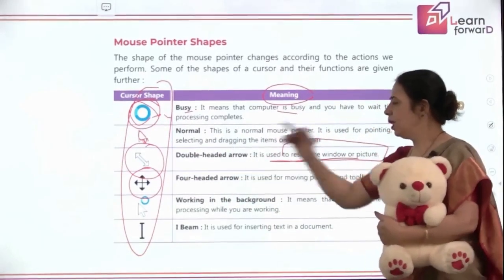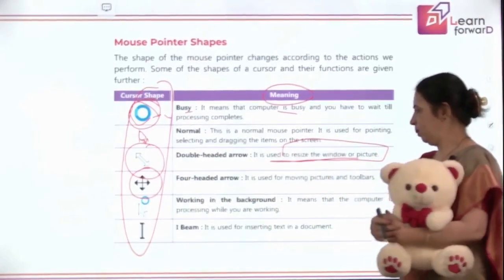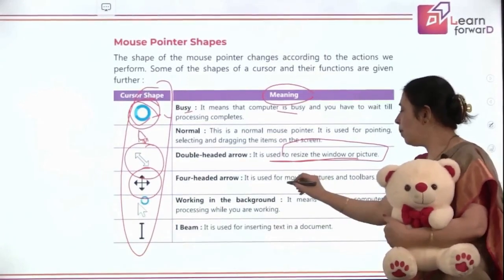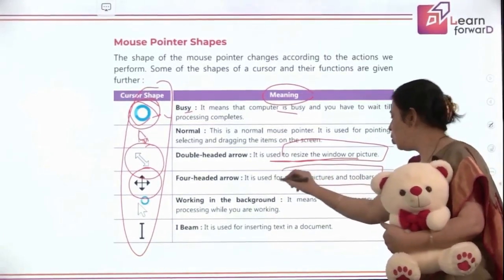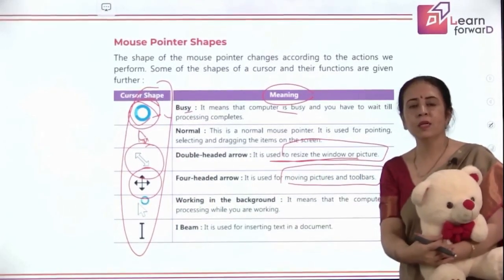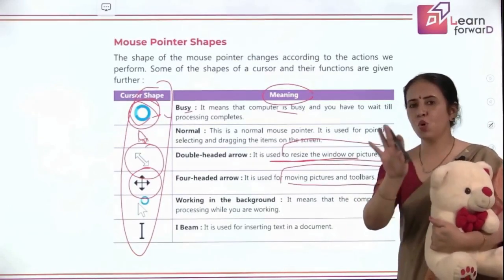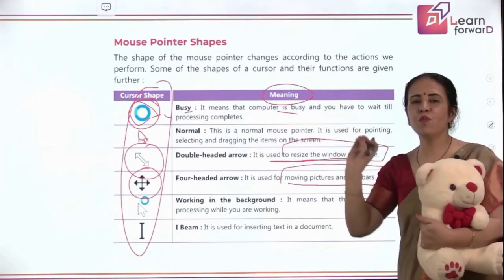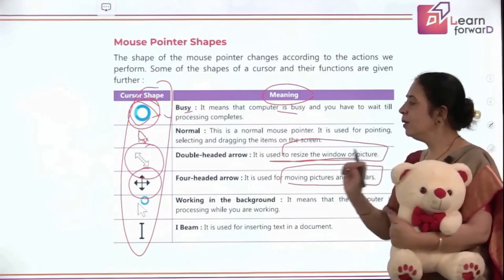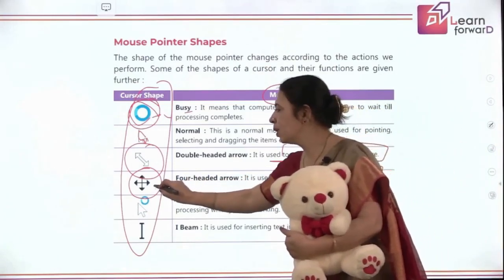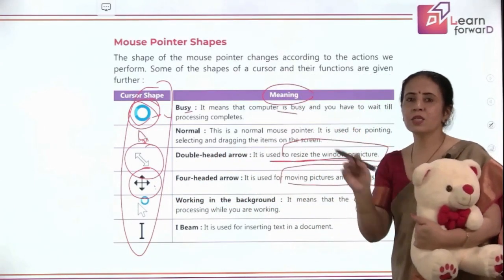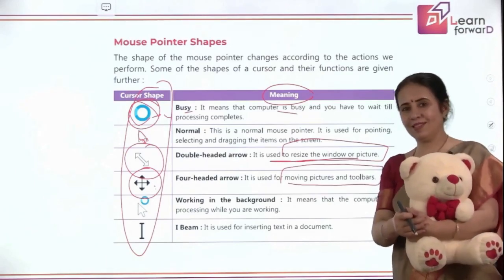What is the meaning of this four-headed arrow? It shows you are moving the picture or the toolbars. So whenever your images or toolbars are moved from one location to another, that time this particular cursor shape would be visible on the screen.